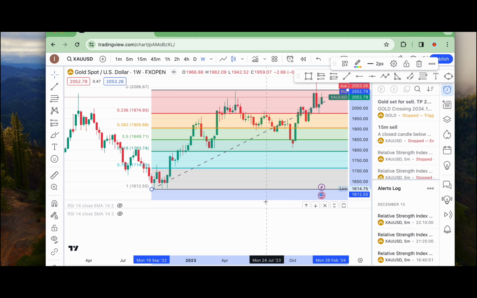So when this happens at each retracement level, you look out for a candlestick pattern that will indicate to you that yes, this is trying to reverse back.